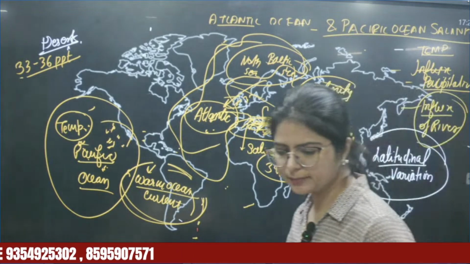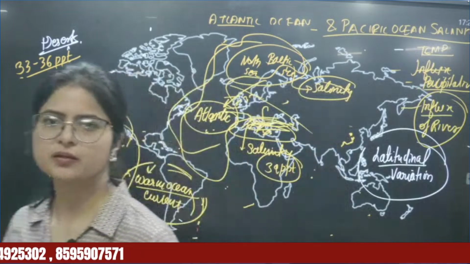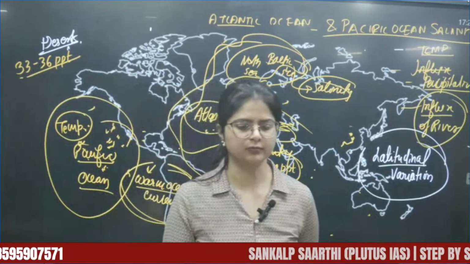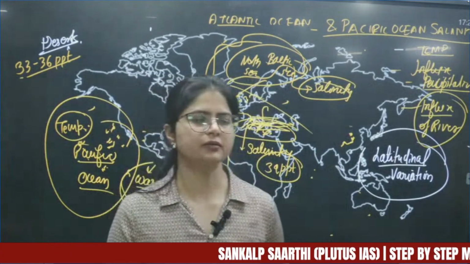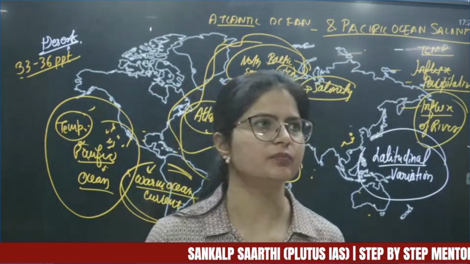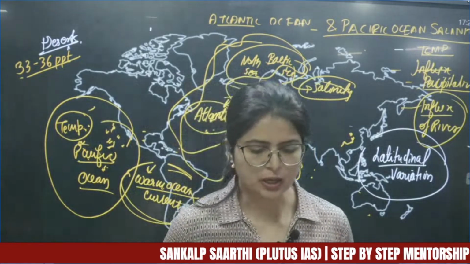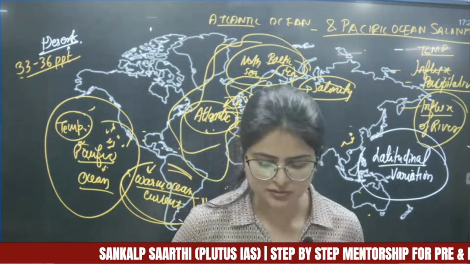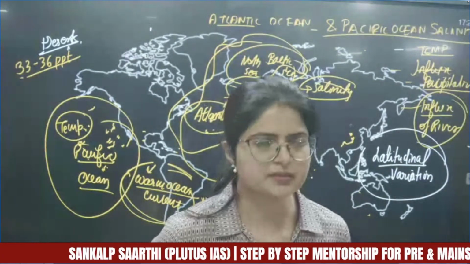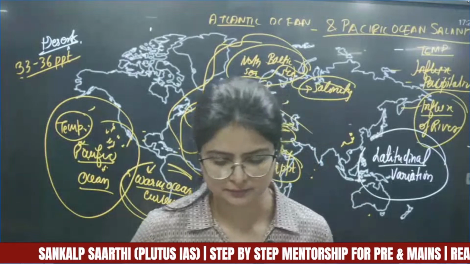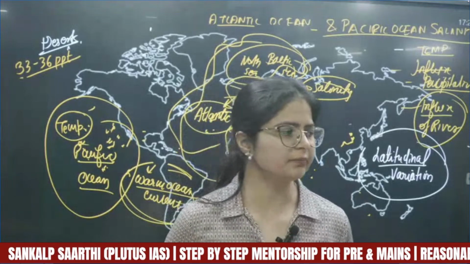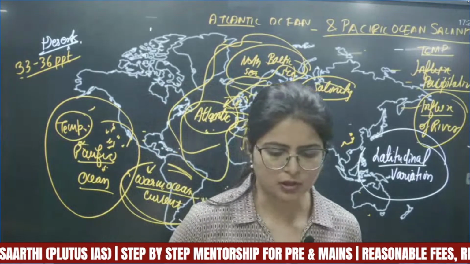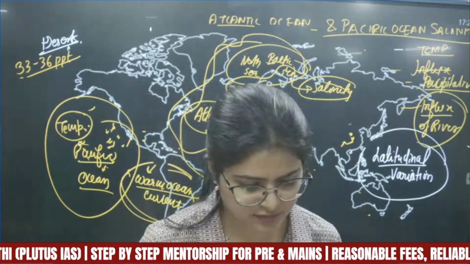The northern parts, especially the Arabian Sea and Bay of Bengal, experience sharp contrast. Full stop. The Arabian Sea has high salinity, around 37 ppt, while the Bay of Bengal has lower salinity.